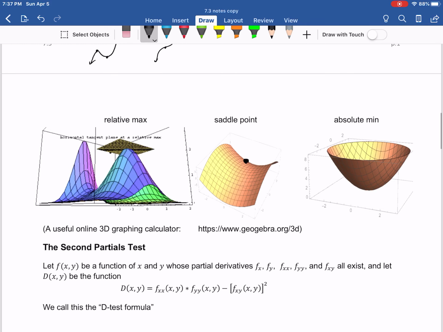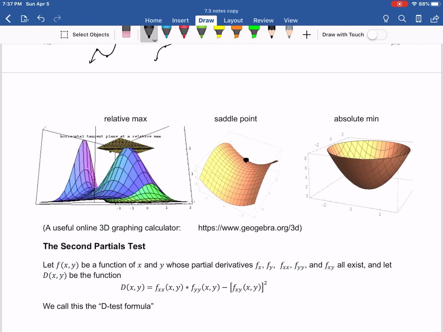A relative max is shown in this first graph on the left. You can see that there's been a plane, almost like a flat sheet of paper, placed on top of your function's graph, and that plane is considered to be perpendicular to your vertical axis, which would be right here.